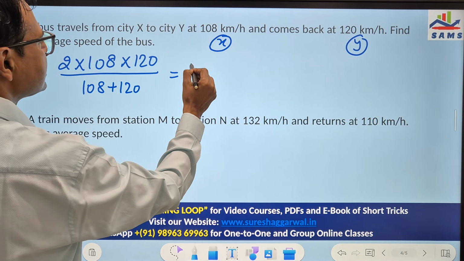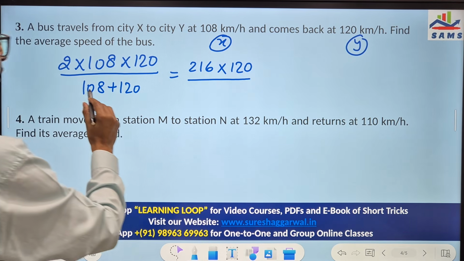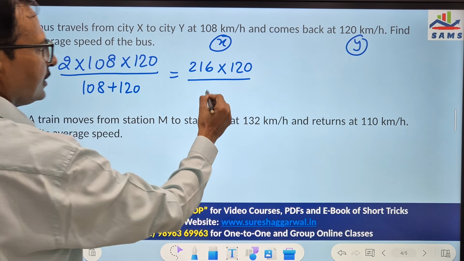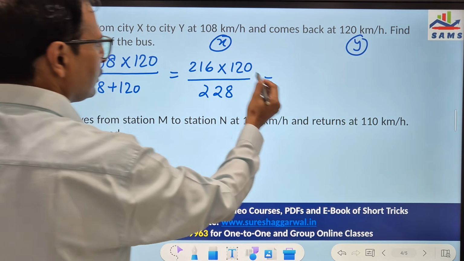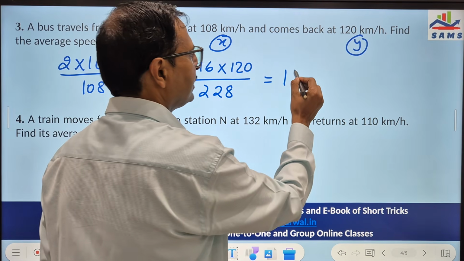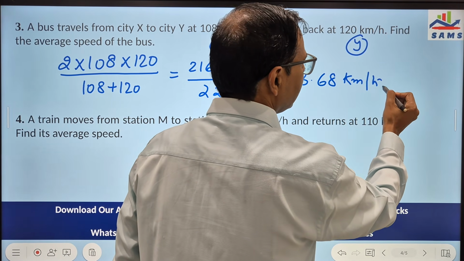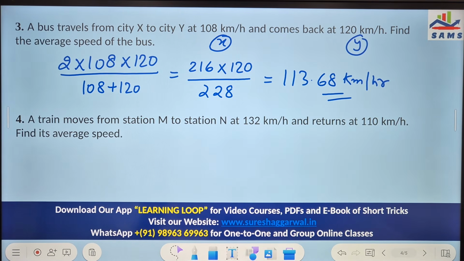So we can write it as 216 times 120 divided by 228. You need to do a little bit of calculations here, a little bit of cancellations, and you will get 113.68 kilometer an hour as the average speed for this question.